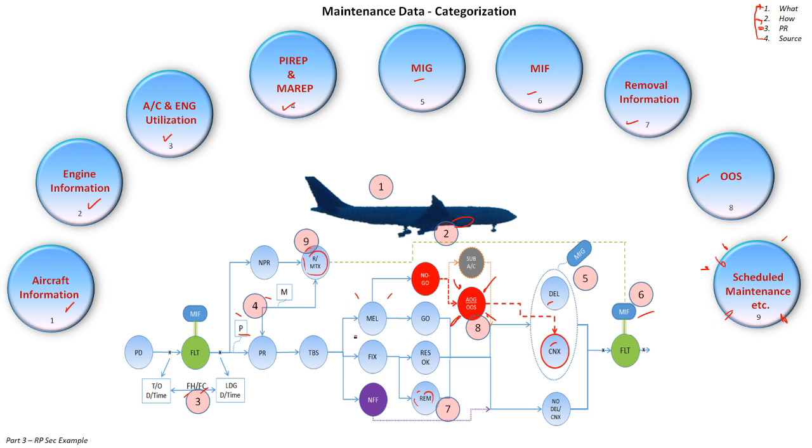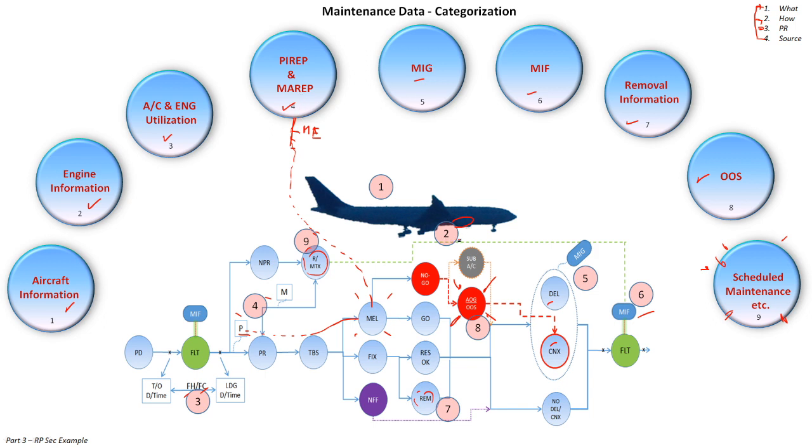The mechanic checks the MEL, the item is MELable, the LRU is MELable, and what we are doing, we are applying the MEL. Now, what does it mean for our groups and categories? Since all this started from a PIREP, it is logical to include our MEL item in the PIREP, MIREP categories, the PIREP, MIREP groups.